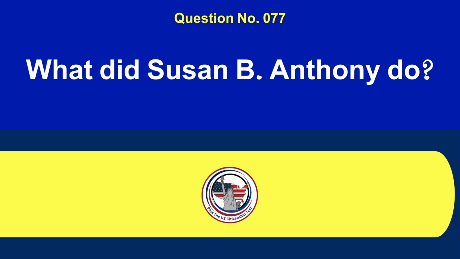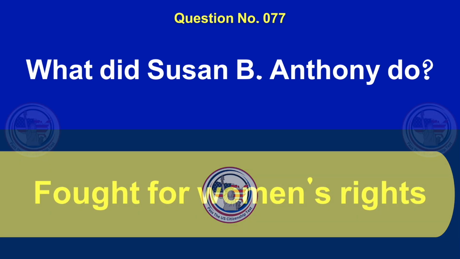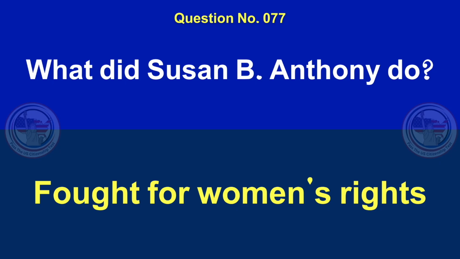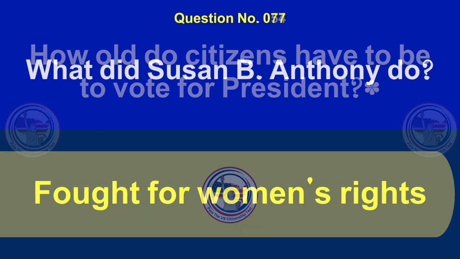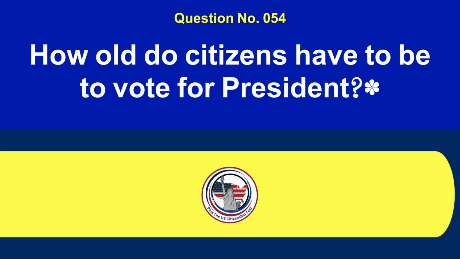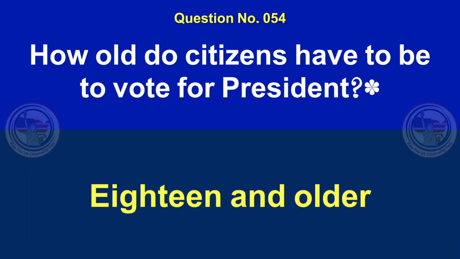What did Susan B. Anthony do? Fought for women's rights. How old do citizens have to be to vote for president? 18 and older.